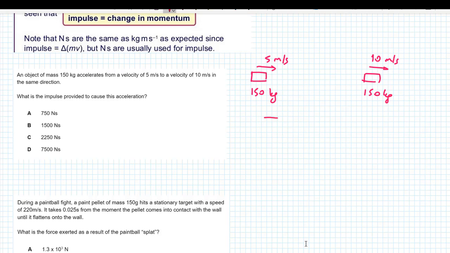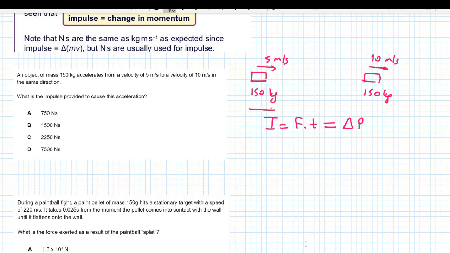Impulse equals force times time, but there is no time here, and we don't know the force yet. But we know that this also equals the change in momentum, and this change in momentum will give us the impulse. How can we find the change in momentum?